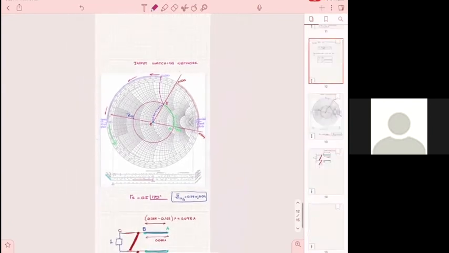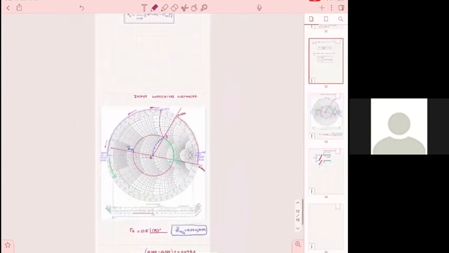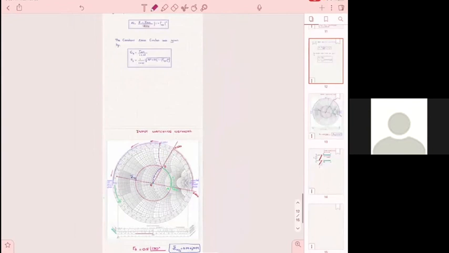Okay, I will post this. So the most critical thing for the final is to remain consistent with the way you go. But if you give me a right matching network, I will accept it, because there are multiple solutions, obviously.